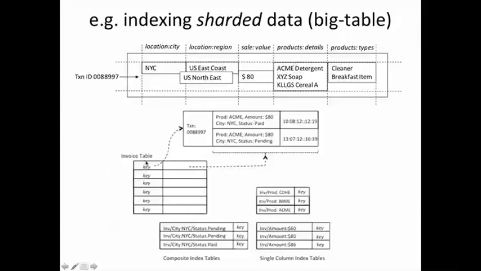So our main table is the invoice table, which has keys, which is the transaction, which might have different values for different timestamps, as we've discussed earlier.